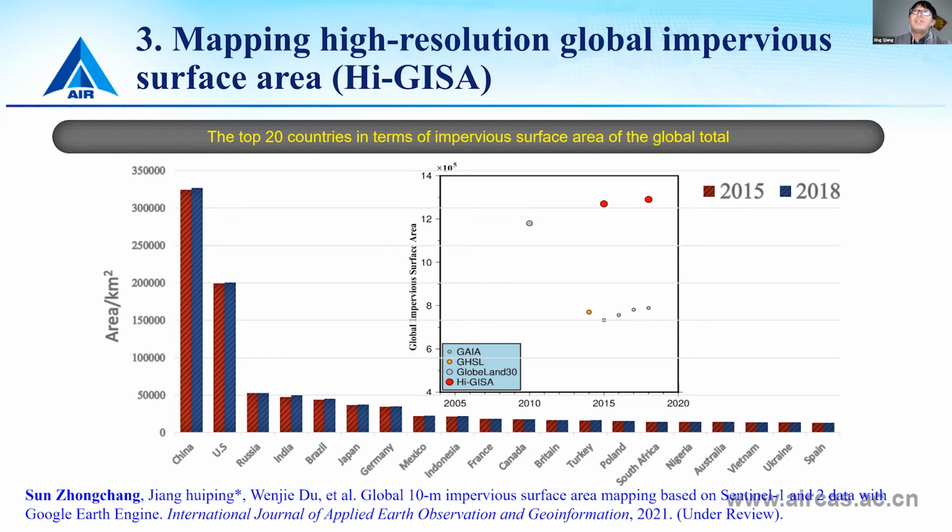So they are close, they have close distribution. But for the data on the bottom, we know they are in coarse resolution. So some detailed impervious area has not been detected in such a coarse resolution. So they have a much lower value.